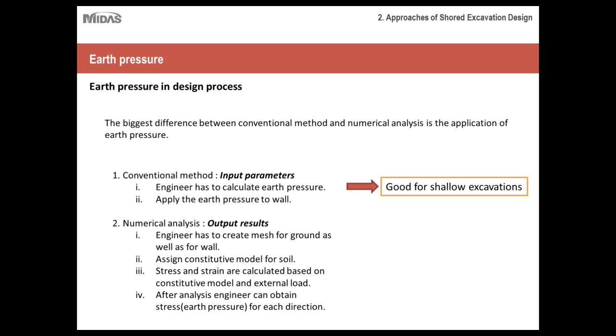Engineer has to create mesh for ground as well as for the wall, and then assign a constitutive material model for the soil, and the stress and strains are calculated based on the constitutive model and external loads that are applied. And after analysis, engineer can obtain stresses or earth pressure for each direction.